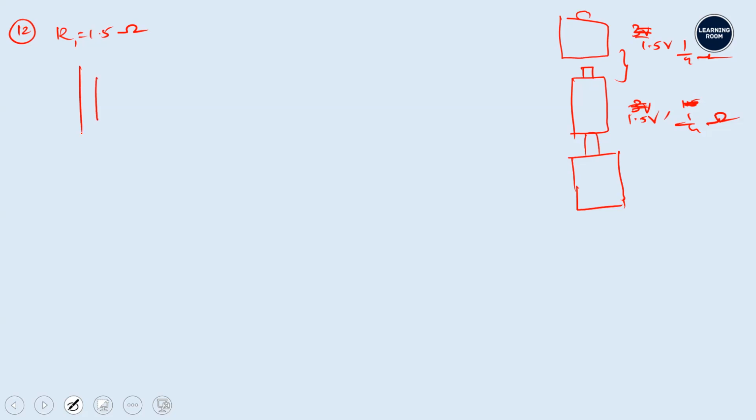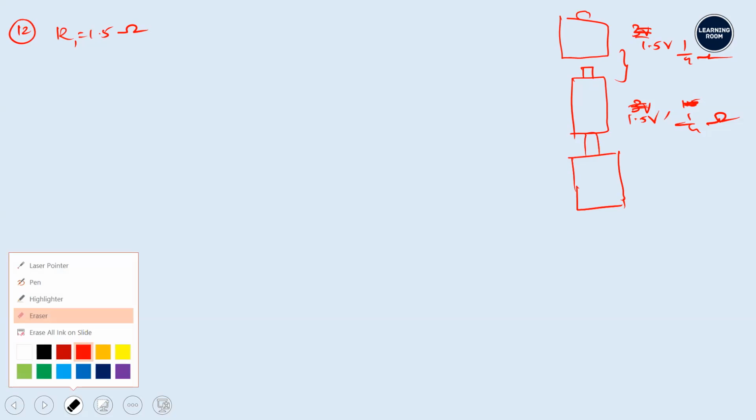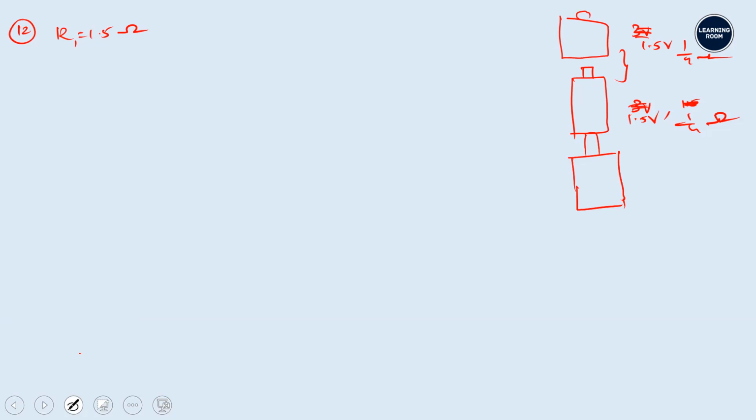Battery right connected across a resistor. Is it right?